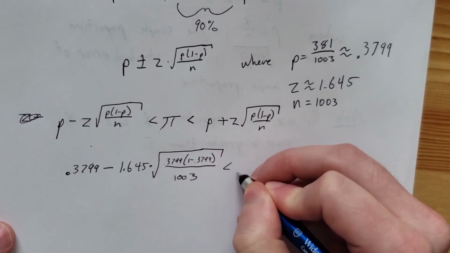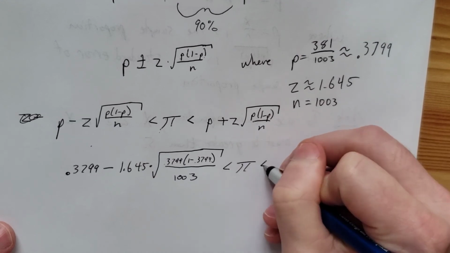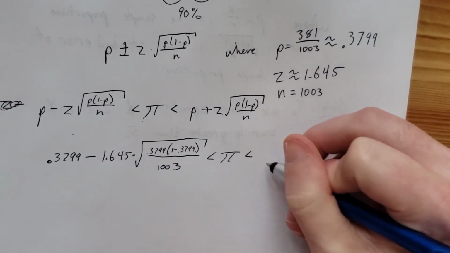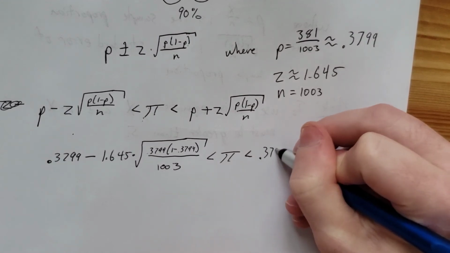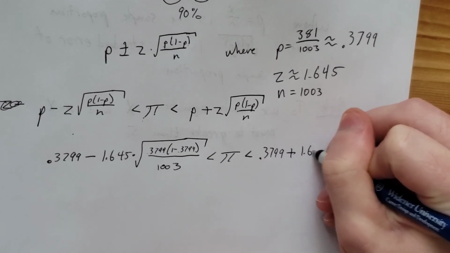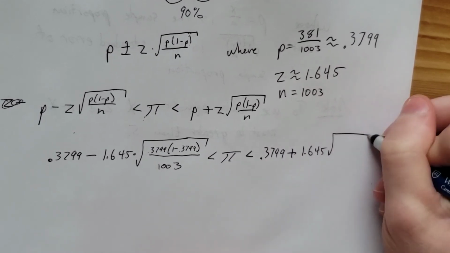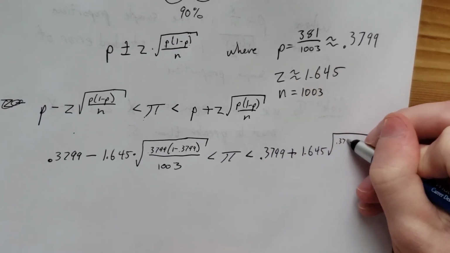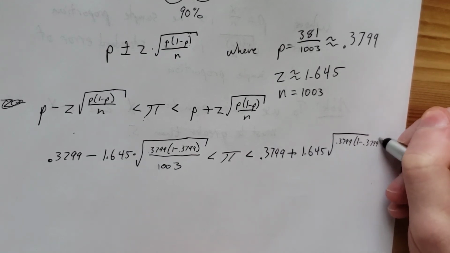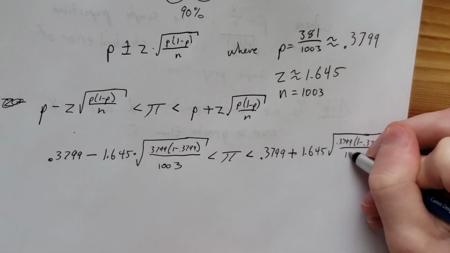And this is less than our population proportion, which is less than 0.3799 plus 1.645 times the square root of 0.3799 times 1 minus that, all over 1003.